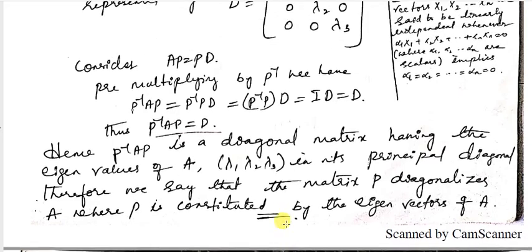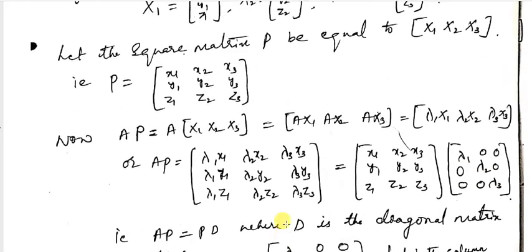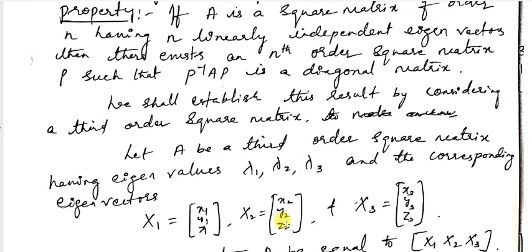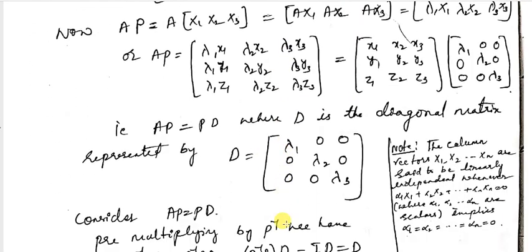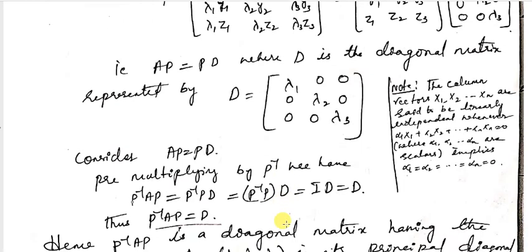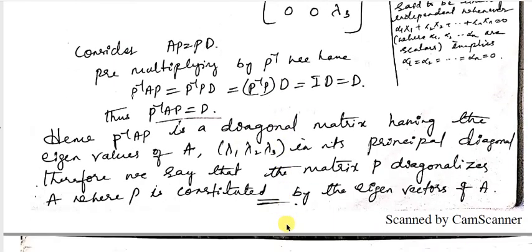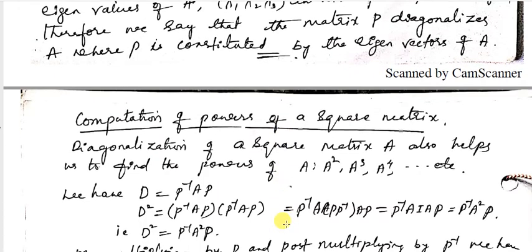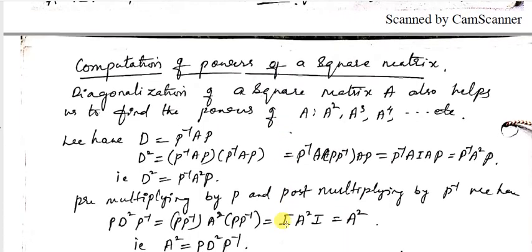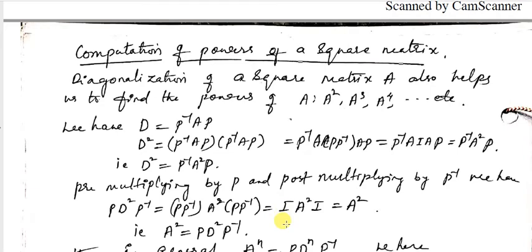So we can diagonalize the matrix A to D through the similarity transformation, that is P inverse AP. Also we can compute the powers of a square matrix if A is reduced to the diagonal matrix.